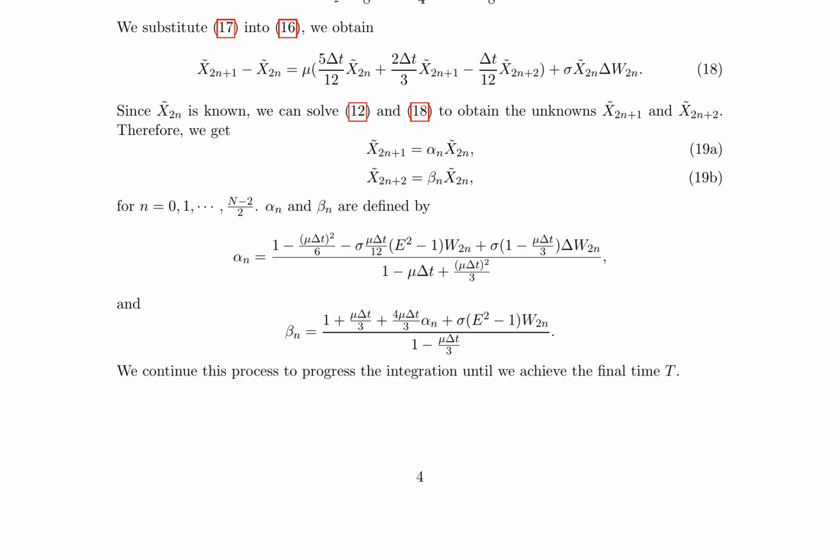Continuing this process, we progress the integration until reaching the final time T. This approach allows for an efficient and accurate approximation of the solution to the stochastic differential equation, enabling further analysis and understanding of the underlying system's behavior.